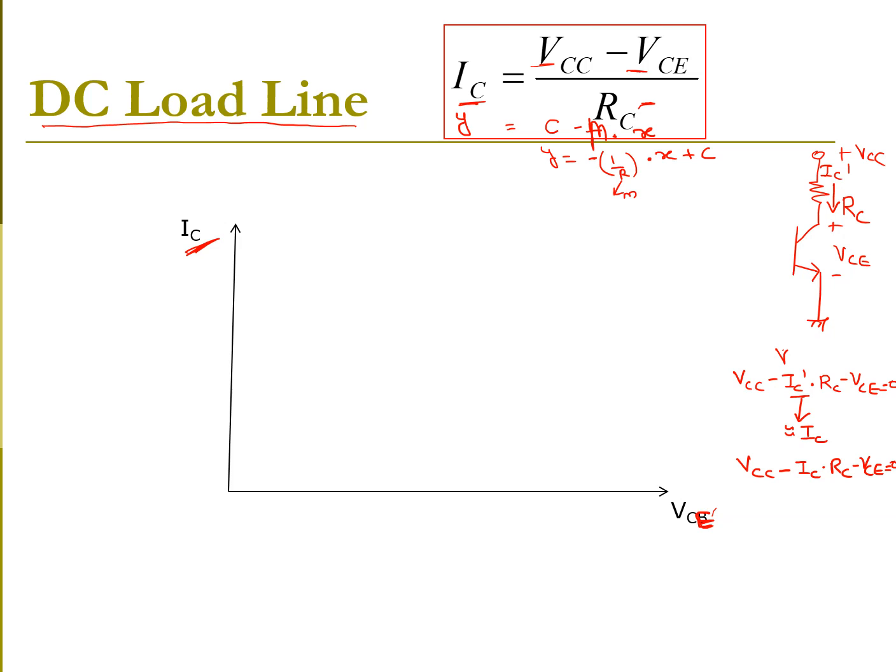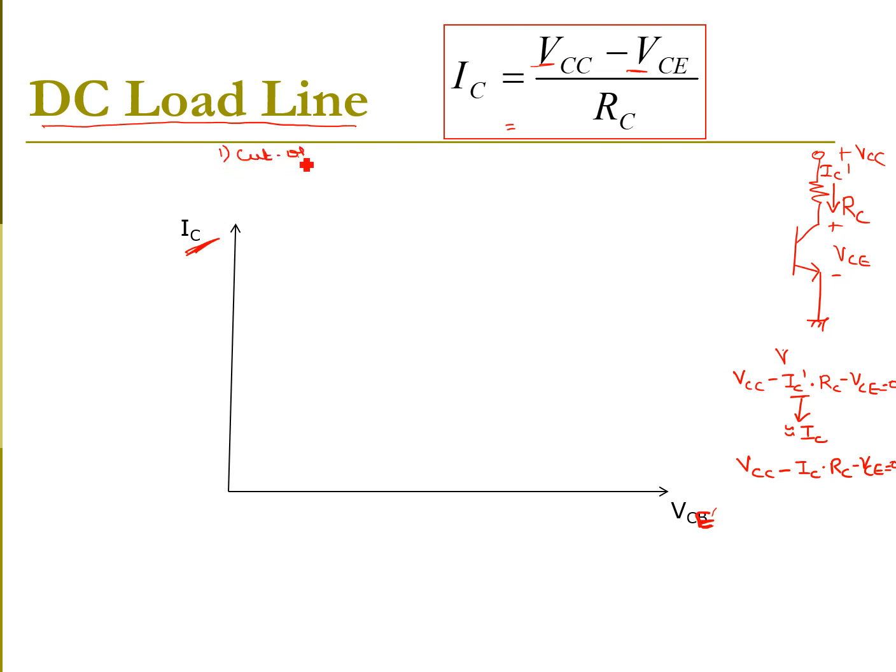So we know that this is an equation of a straight line. Now how do we draw this straight line? To draw a straight line, the basic thing is that we should have 2 points. If you join the 2 points, it will give you the straight line. You can draw the DC load line of any circuit by considering 2 things. First is the cutoff condition.